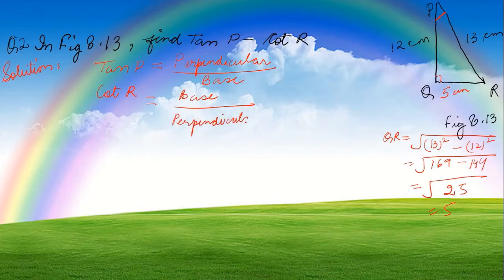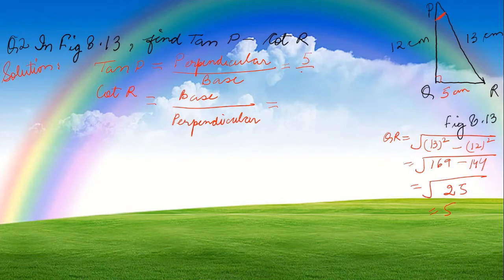Now for tan P, perpendicular will be the side opposite to it, that is 5, upon base.